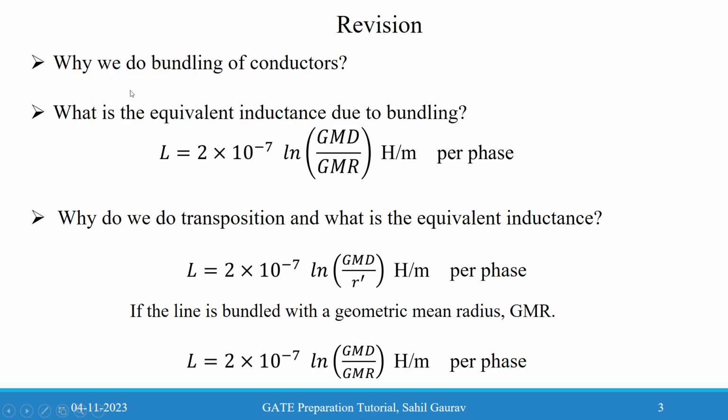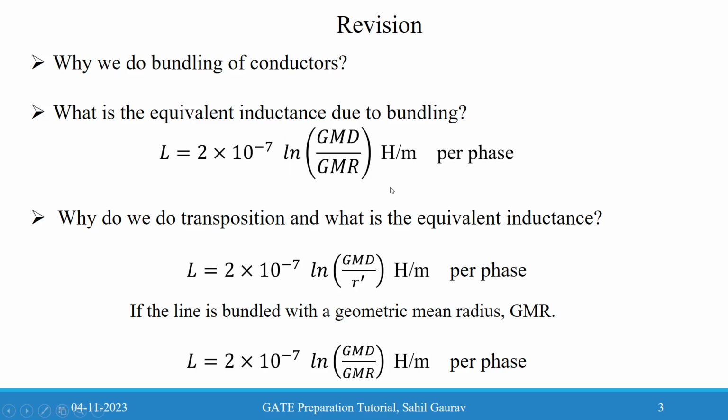In the last class we also saw why we do bundling of conductors. Generally, we do bundling to increase the GMR of the conductor so that we can increase the power transfer capacity of the line, and we can reduce the corona losses and the radio interference. There are many advantages of bundling of conductors.